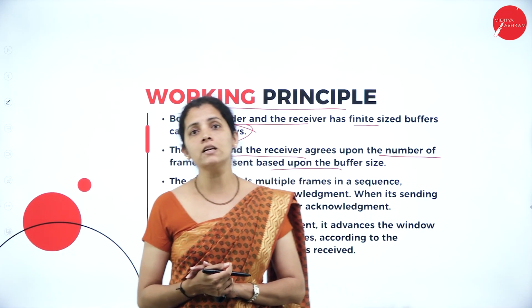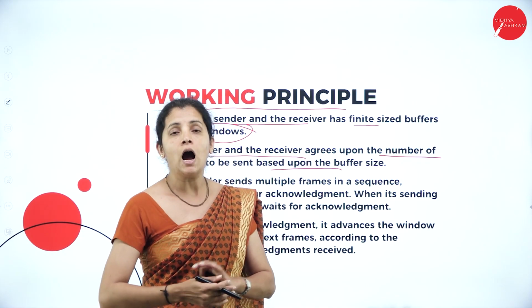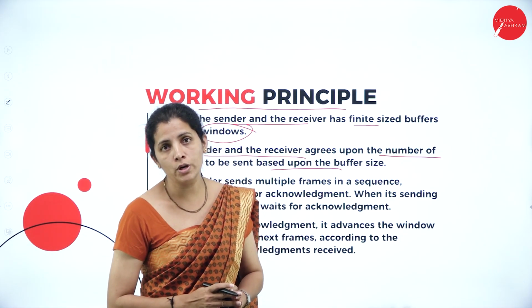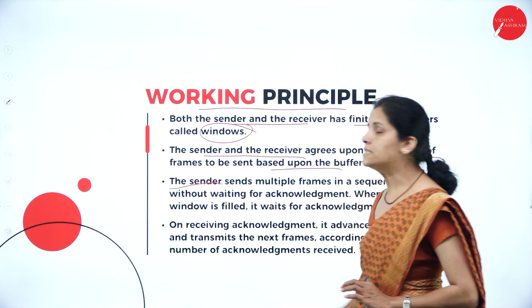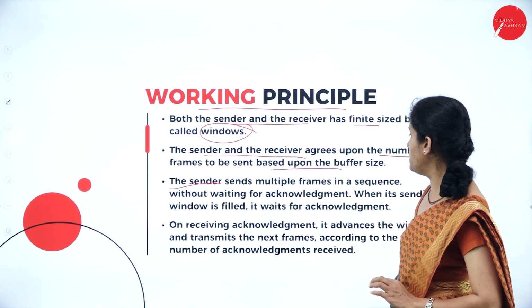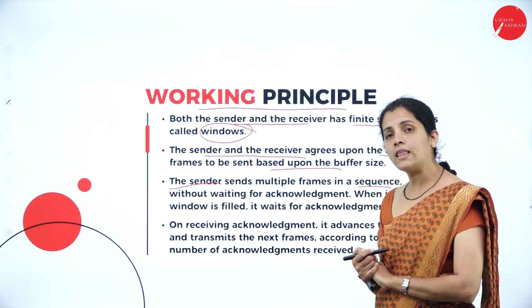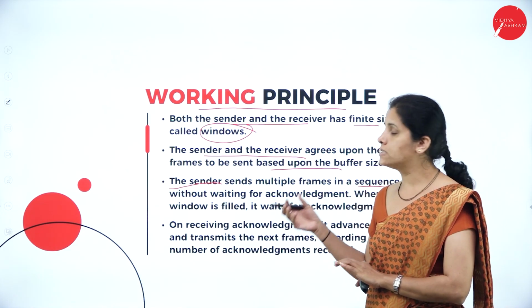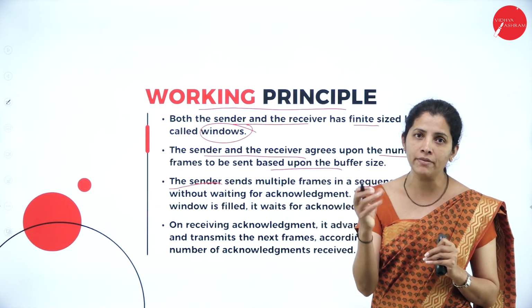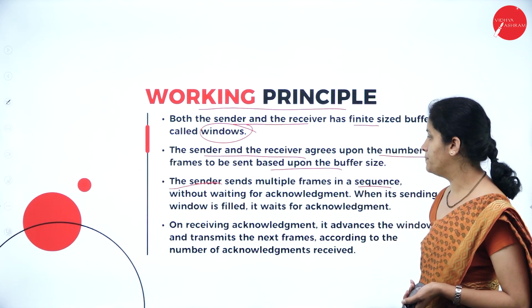So, sender and receiver must agree on how many frames they are going to send and receive. The sender sends multiple frames in a sequence without waiting for any acknowledgement. So, what's the meaning? Sender is going to send multiple frames without waiting for any acknowledgement.